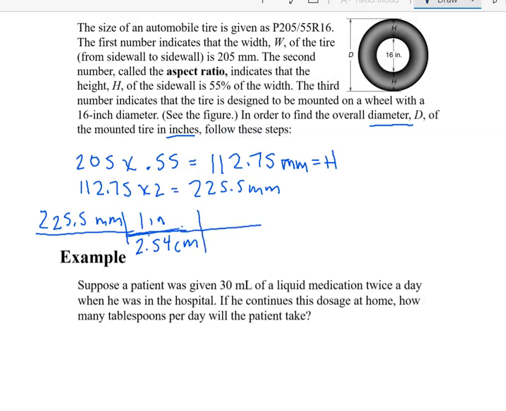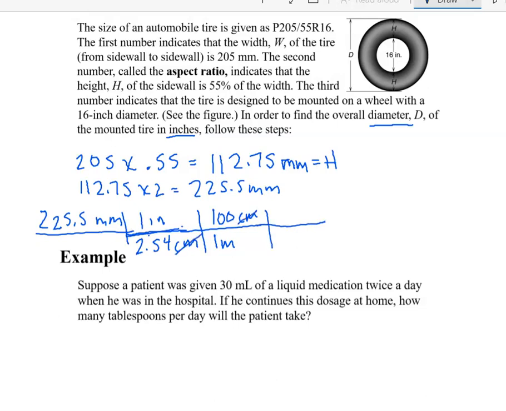Okay, and I also know that I need to get rid of millimeters and not centimeters. So there are 100 centimeters in 1 meter. That got rid of the centimeters.